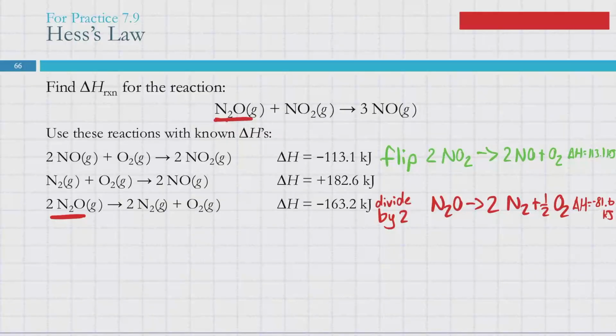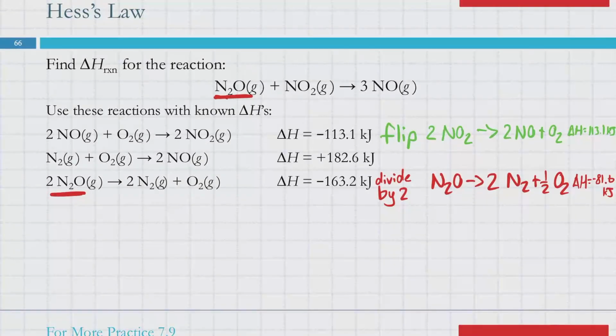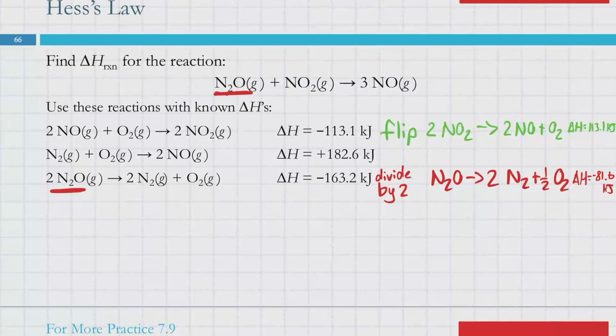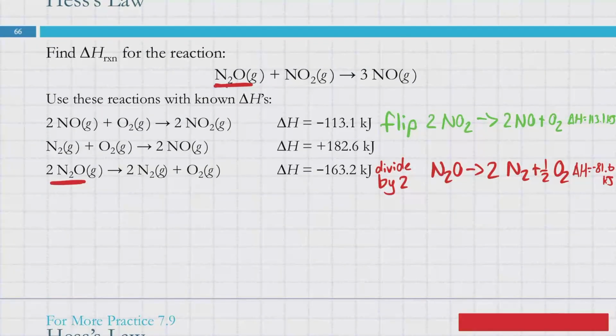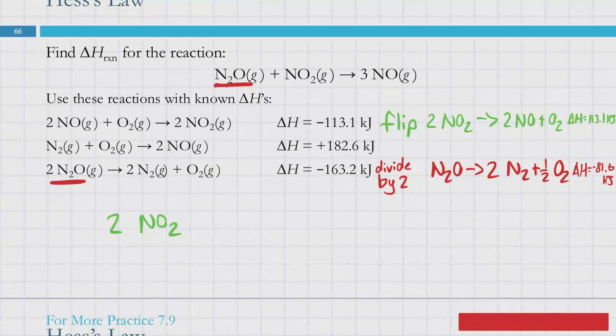Okay, let's see what happens if we put these two things together, just to simplify things in case we're having trouble tracking all this. So we've got 2NO2, I'm going to write the N2O in front. So we've got the N2O, we've also got the 2NO2 on the left.